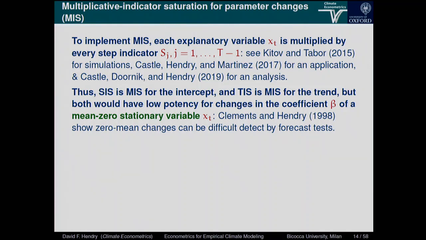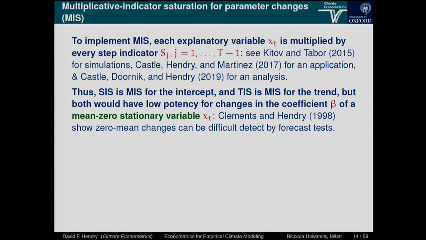So you multiply every variable by every step indicator to create a huge number of indicators. And this was first investigated by Oleg Kitov and Morten Tabor in 2015, but they haven't done anything since. I'm afraid I've intervened to try and see what are the properties of it. Will it work when you do it theoretically? And their simulations suggest it works, but we need a bit more than that.